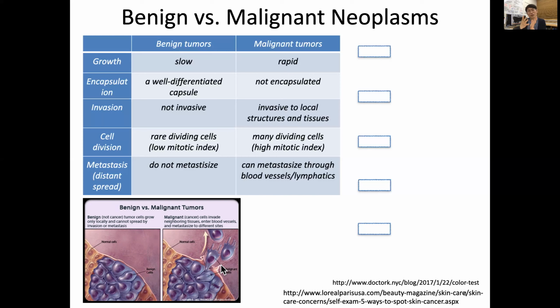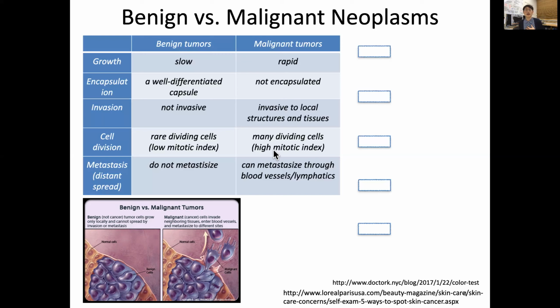Usually that neighboring tissue contains blood vessels or lymphatic vessels, so the cells can enter the blood vessel. Through circulation, these malignant cells can lodge and grow in another distant part of our body, forming a new tumor. That we call metastasis.